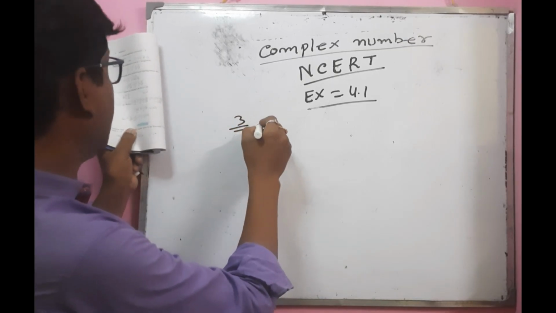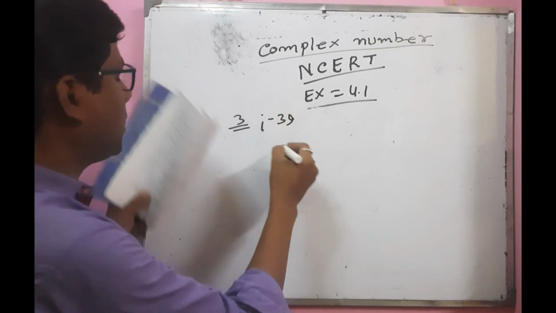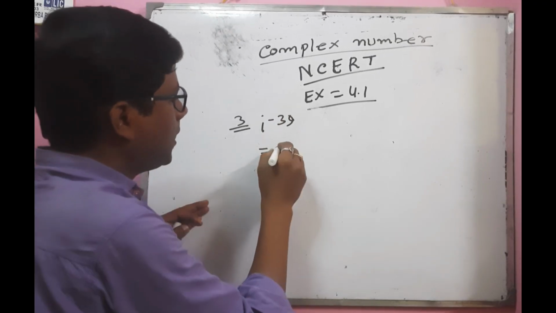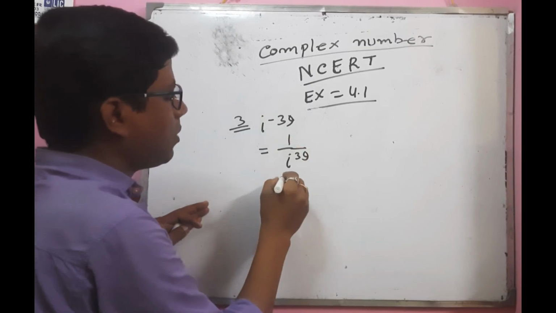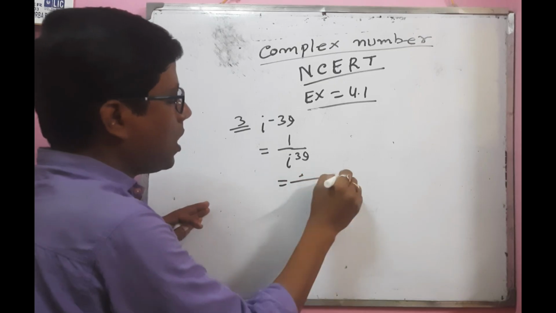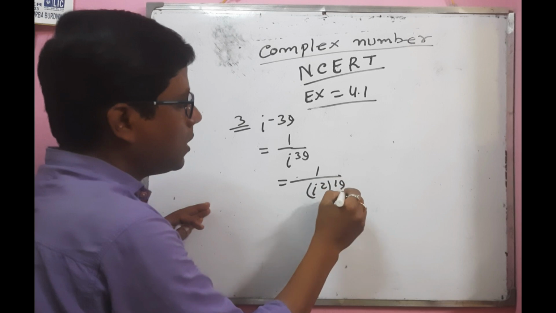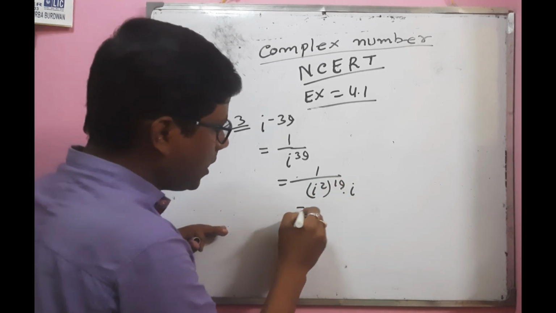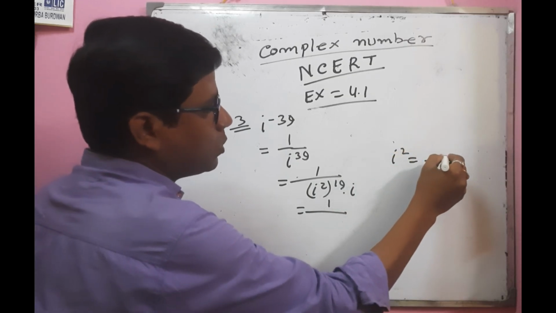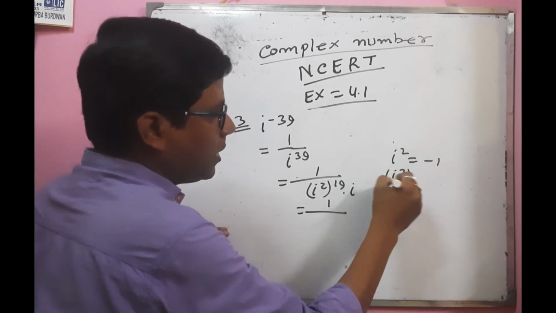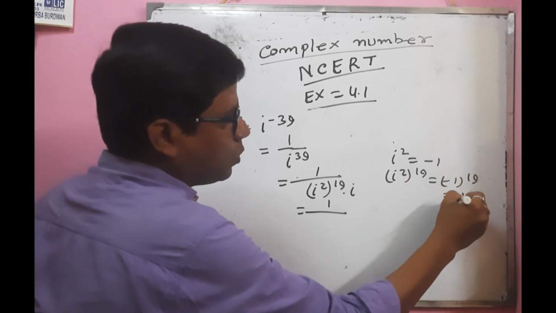Third problem is i to the power minus 39. So 1 by i to the power 39, if minus sign is there according to the index formula. Now 1 by i square to the power 19 into i, and we know that i square is equal to minus 1. So i square to the power 19 is equal to minus 1 to the power 19, so this will be minus 1.